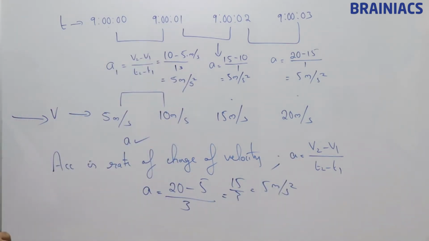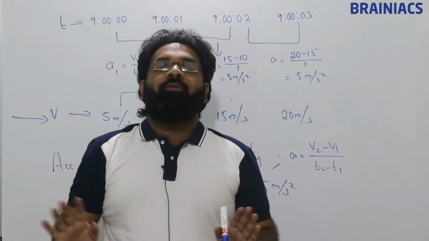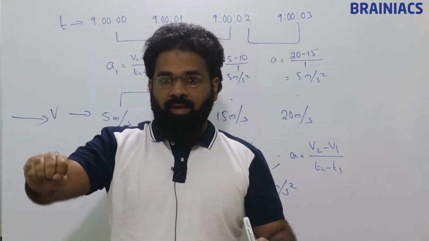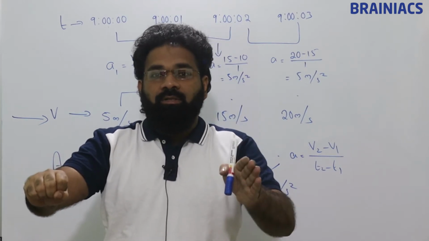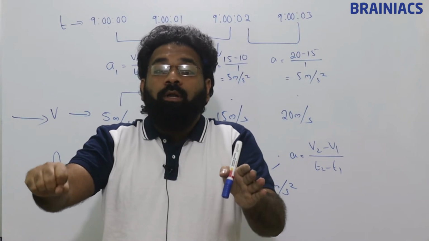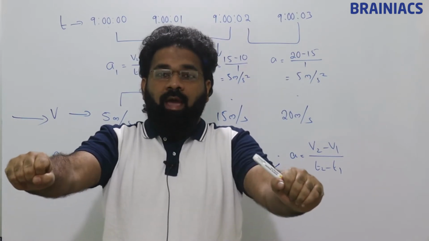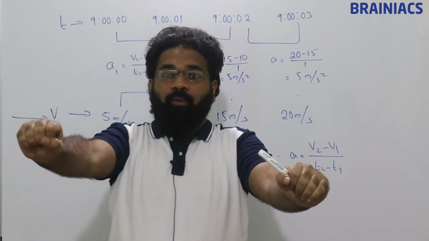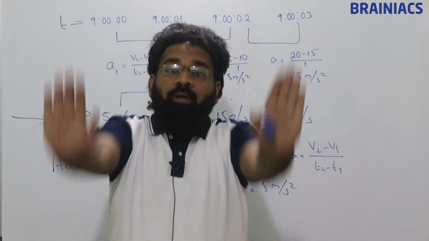Okay, so here we are getting constant acceleration. Acceleration is not changing, acceleration is constant. Suppose if you are using a bike, if you apply accelerator, the speed is increasing, the velocity is increasing. You keep your hand like this, and if you keep applying accelerator like this, the velocity keeps on increasing.